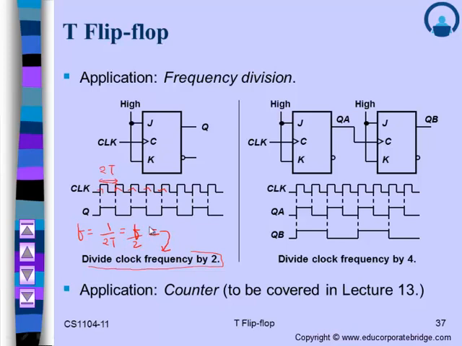Let's start off with the characteristic equation of the T flip-flop, or the truth table for the T flip-flop. Now the basic circuit of a T flip-flop can be drawn directly with J and K connected together as T, with outputs Q and Q bar.